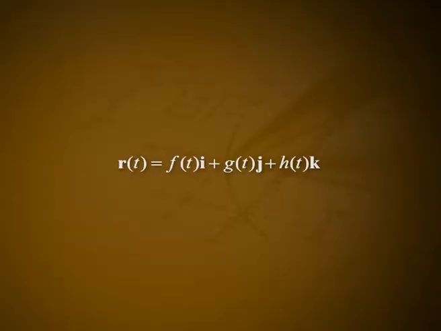Limits. The way we define limits of vector valued functions is similar to the way we define limits of real valued functions. Let vector r of t = f(t) i + g(t) j + h(t) k be a vector function and L a vector.